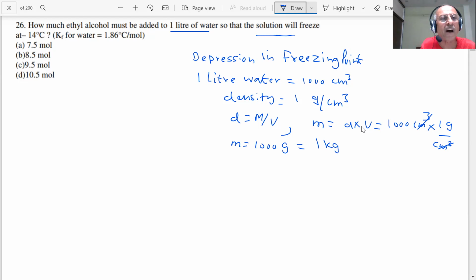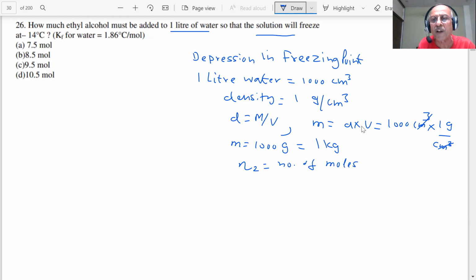How much ethyl alcohol? In the question, the quantity is to be given in moles.